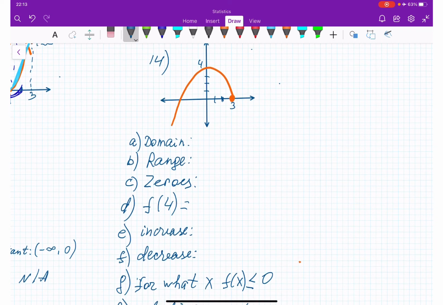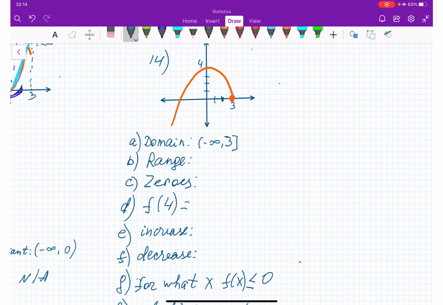Domain. Since this graph doesn't have any ending, right? It keeps going. So the domain is going to be from negative infinity, but it's going to finish at the point of 3, because that's where the graph is ending. This filled up circle is going to be 3.